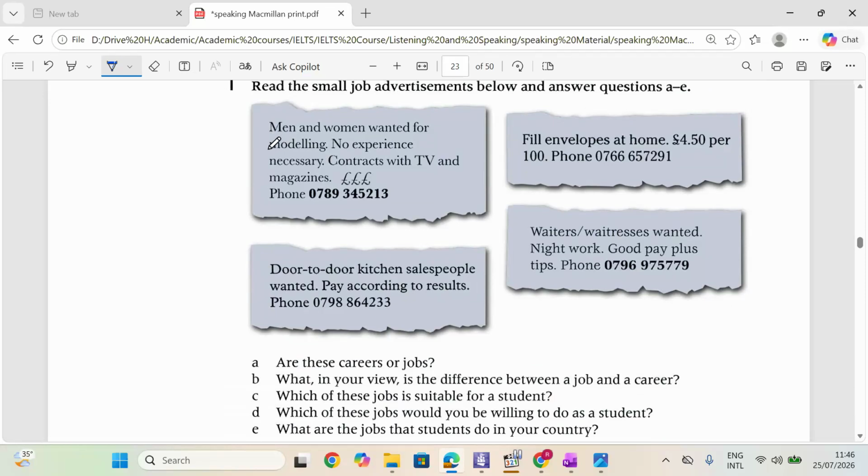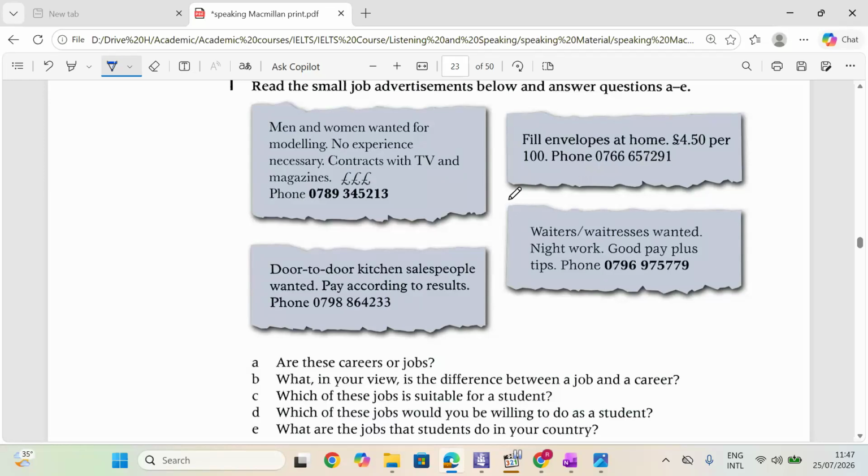Yeah, sure. Men and women wanted for modeling. No experience necessary. Contracts with TV and magazines. Phone. Second advertisement: fill envelopes at home for 450 per 100.